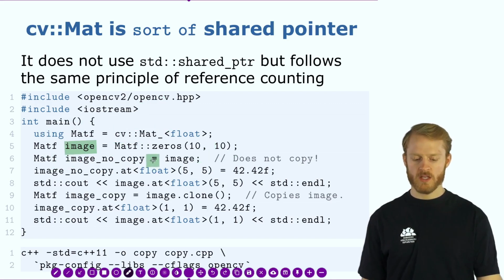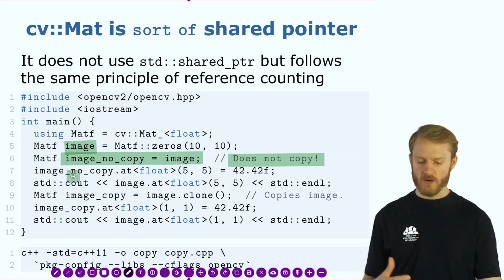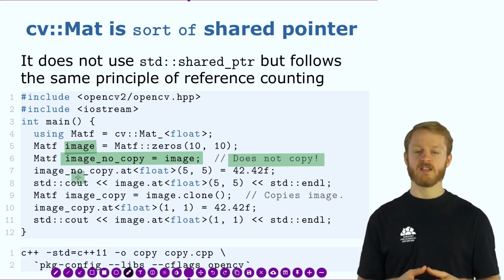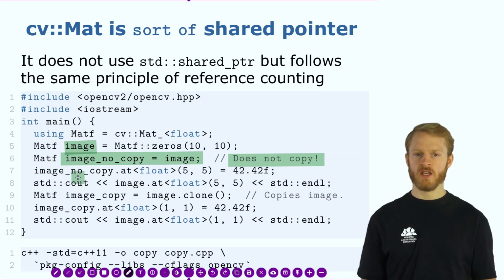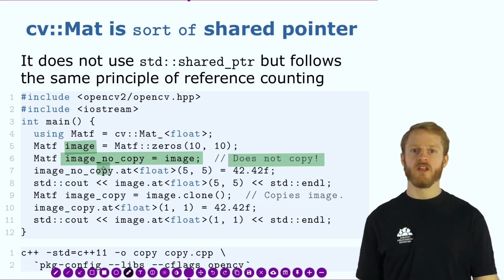And whenever we use the assignment operation, we are not copying, as we say here. This image no copy is not a copy of image, but rather a reference to the same instance. The idea is that you try this example locally, and you will see that when you modify this image no copy, you are also modifying the original variable, the original image.